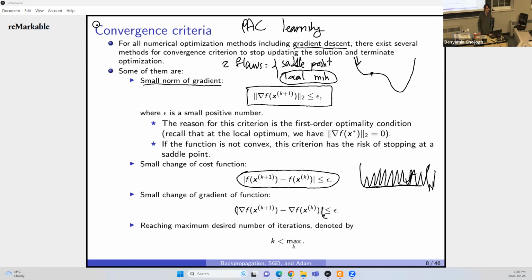Because if the gradient hasn't changed much, it means that the slope hasn't changed much. Another one is the maximum number of iterations. We use that a lot in deep learning. We say train it for 1,000 epochs, for example. Epoch is the number of iterations.